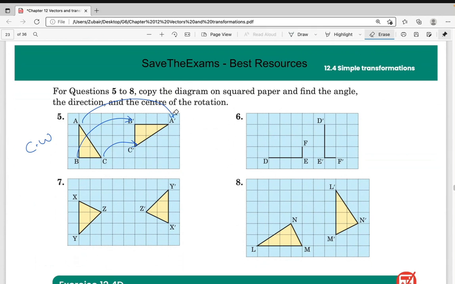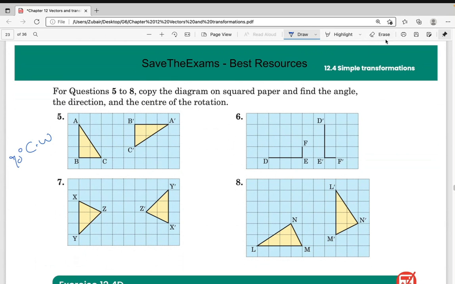And there's one more thing. There are different methods. I'm just telling you the short approaches for now. When I look at this shape, this horizontal line is becoming vertical, and this vertical line is becoming horizontal. So I'm making a guess that it is 90 degrees clockwise.